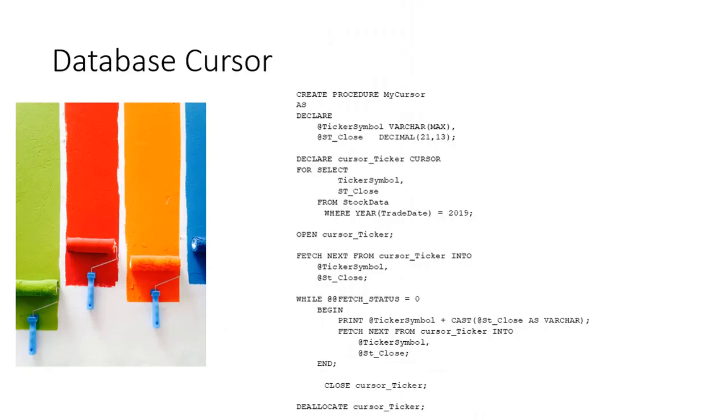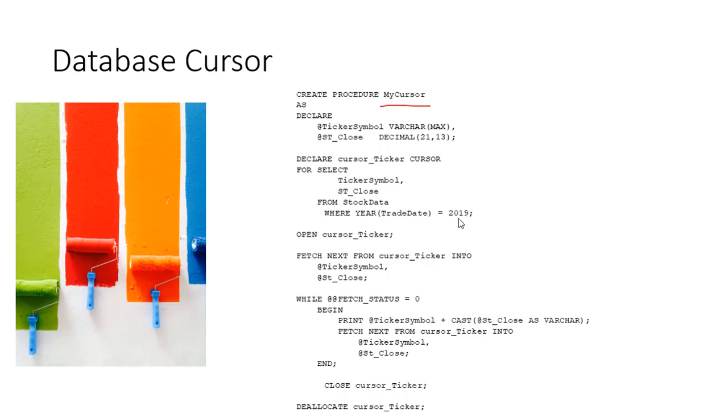Here is an example then of a database cursor. We will create the stored procedure and call it my cursor. We declare two variables, @ticker_symbol and @close, and their data types. We also declare a cursor, and it is called cursor_ticker. We'll do a select statement: ticker symbol, close, from stock data, where year of trade date equals 2019.